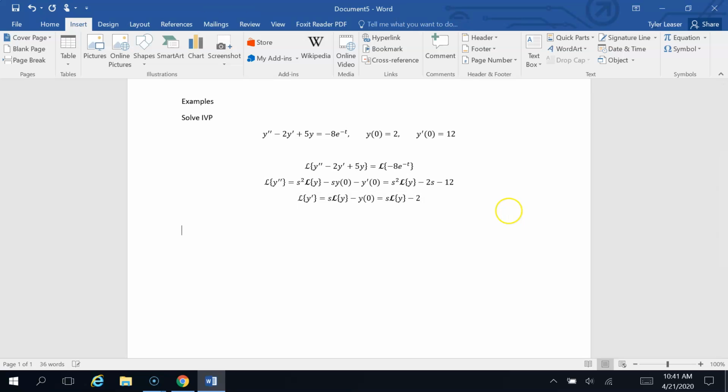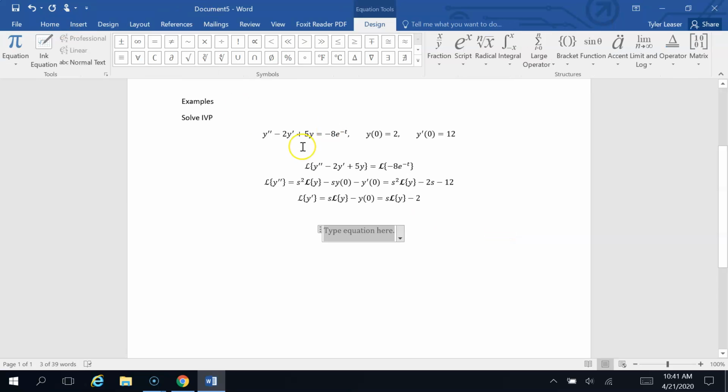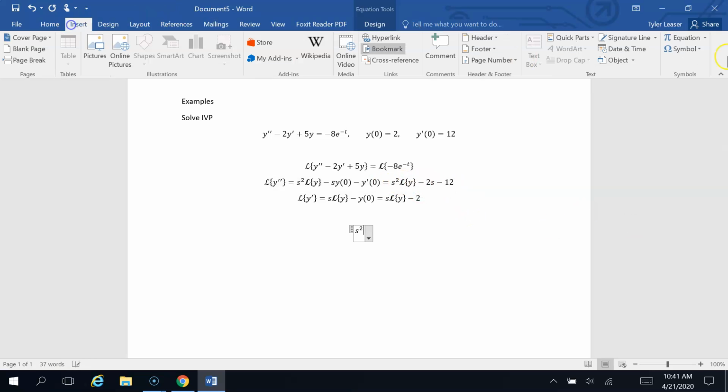Okay, so now we're going to take all of this and replace this top line right here. So instead of the Laplace of the second derivative, I'm just going to be plugging this term in here, so it's going to be s squared times the Laplace of y, minus 2s, minus 12. We have to be a little bit careful here because we are going to have to factor out the negative 2 from the first derivative.